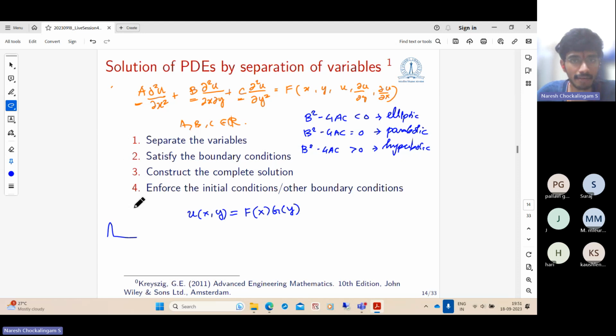Substitute into the governing equation and then just satisfy the boundary condition and solve the problem. That's all. So separate the variables, substitute into the governing equation, then you will get certain boundary conditions. So satisfy them. Then construct the complete solution. We'll look at it when we solve the problem, and then you enforce the initial and boundary conditions.